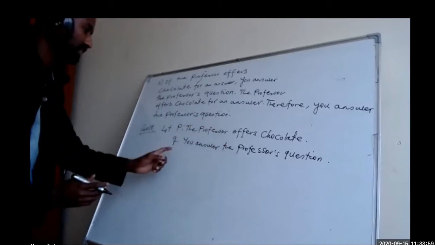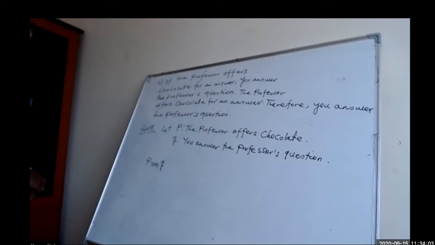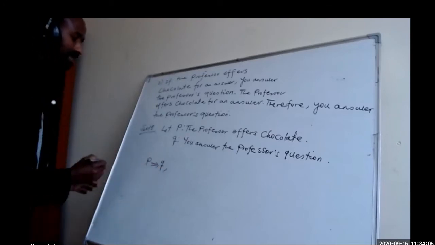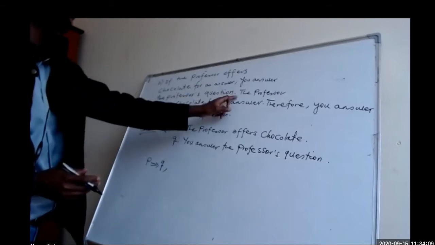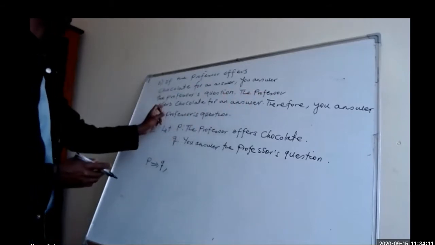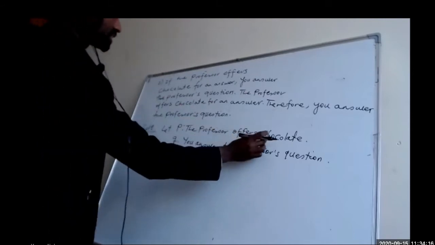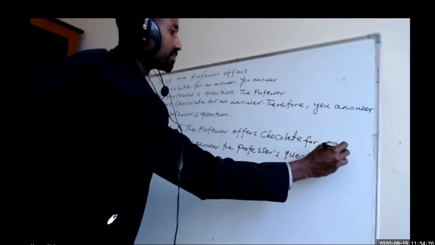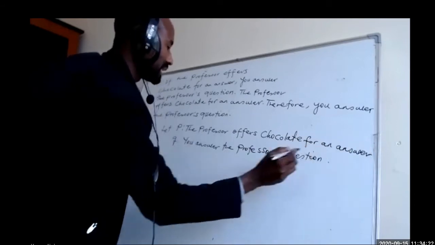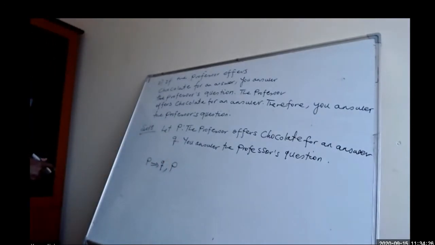You answer the professor's question is already denoted by Q. So this is the first premise. And then the second premise is, after full stop, we have the professor offers chocolate for an answer. So this is P. P as second premise.